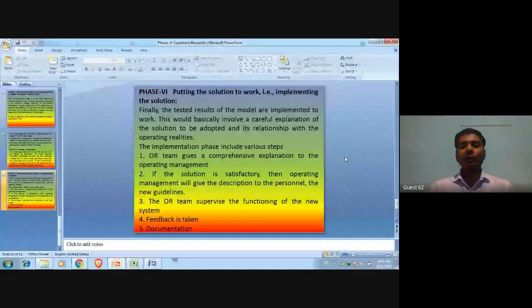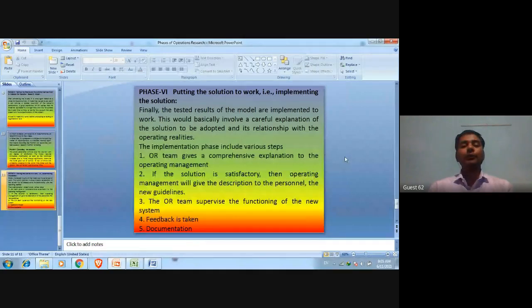This would basically involve a careful explanation of the solution to be adopted and its relationship with the operating realities. The implementation phase includes various steps. It means after implementing, you have to explain all the things about your model.